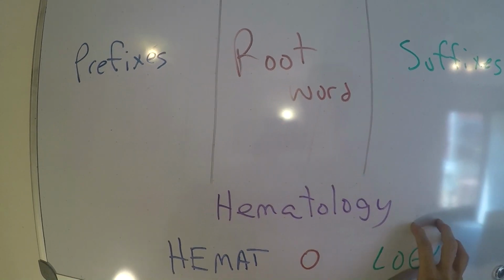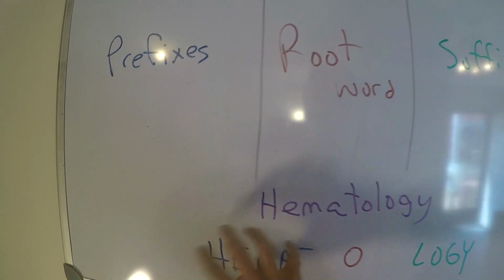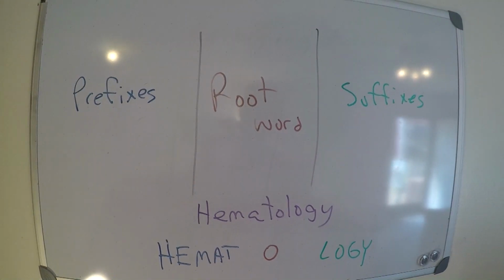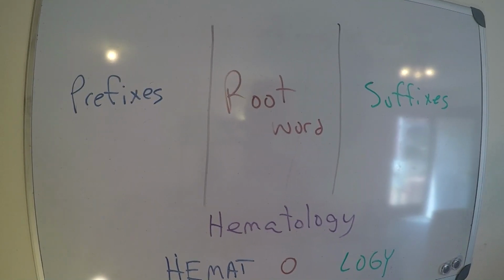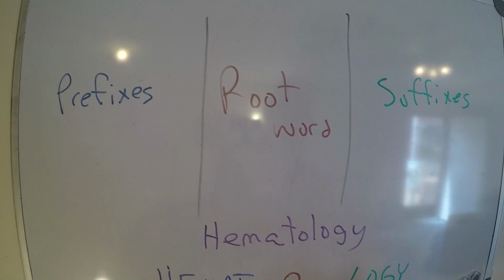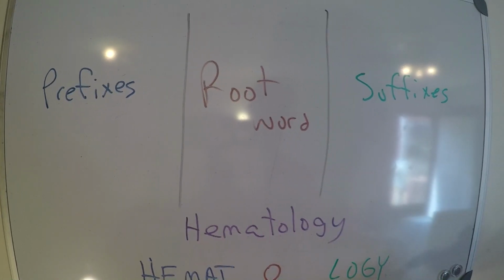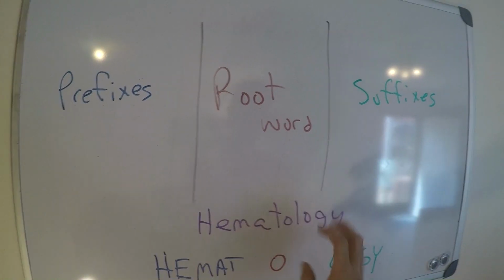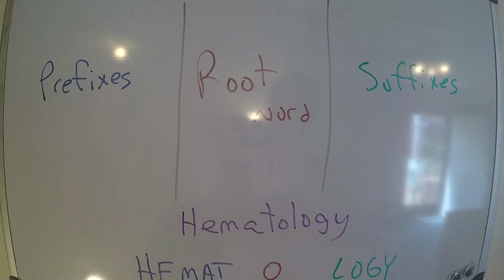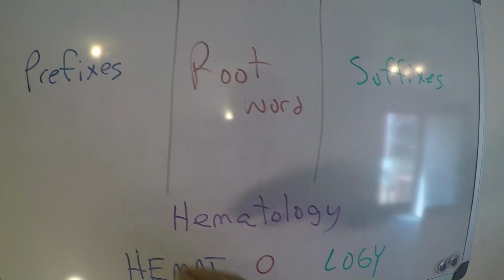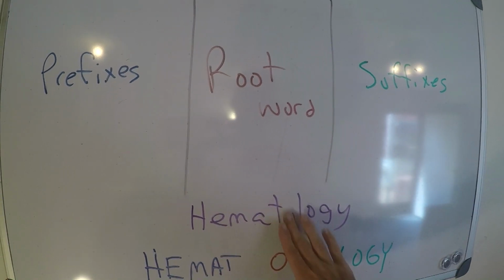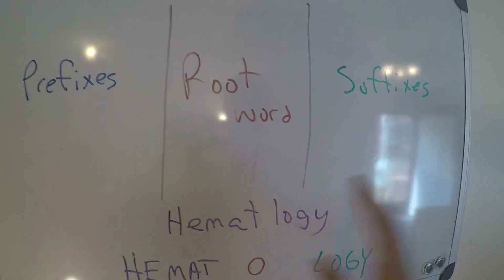It's the study of blood. And the reason we put an O in there, guys, is simply this. Hematology. I know it sounds like the T is on the end, but think about it this way: we want this to flow off our tongue so people can understand us. Hematology. So we got the O in there. If you take the O out, that would be very hard to pronounce.